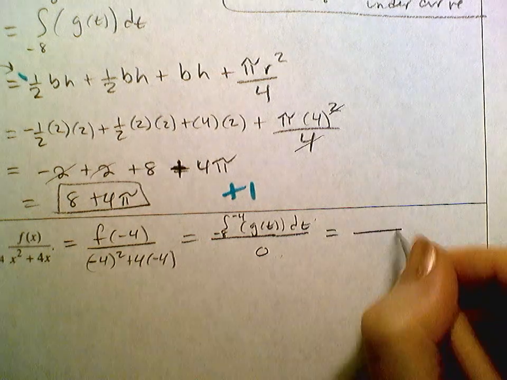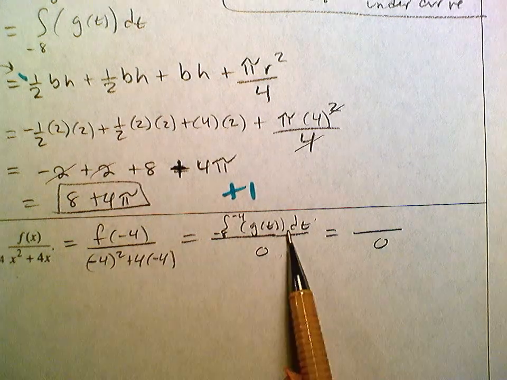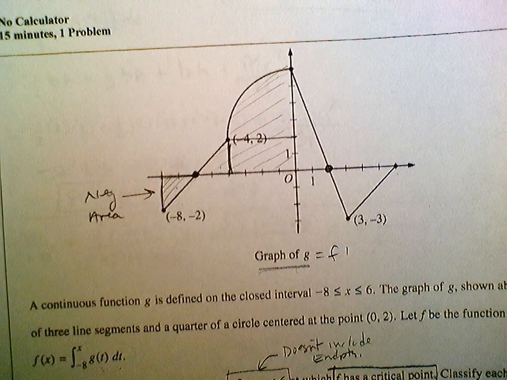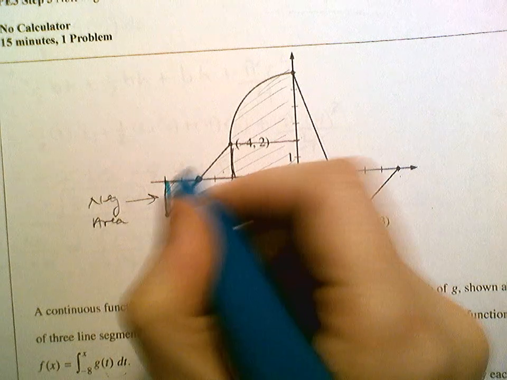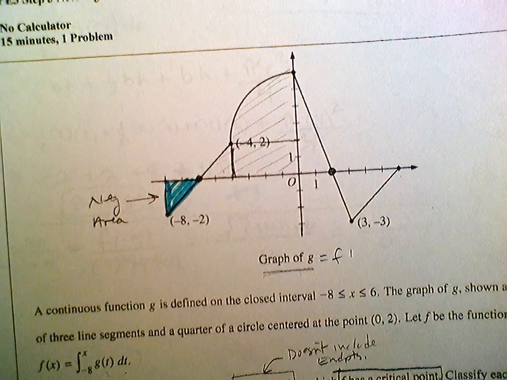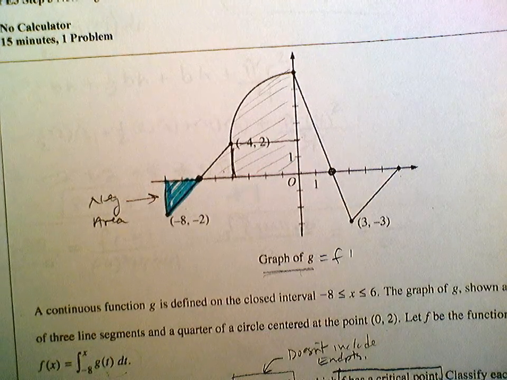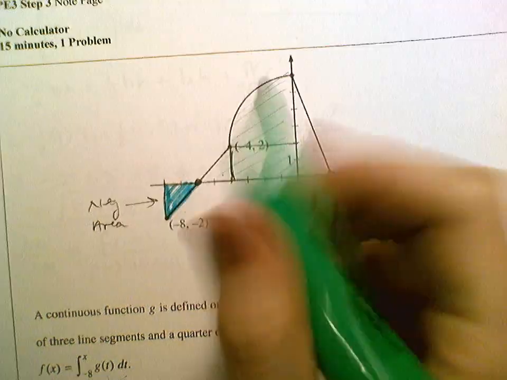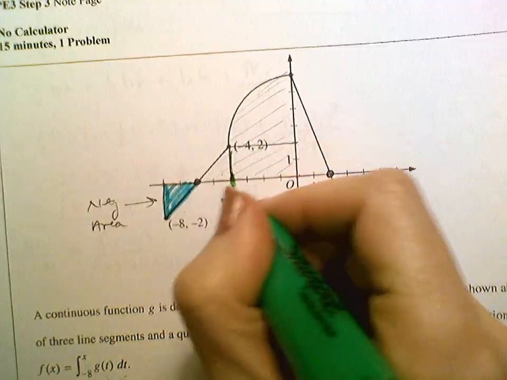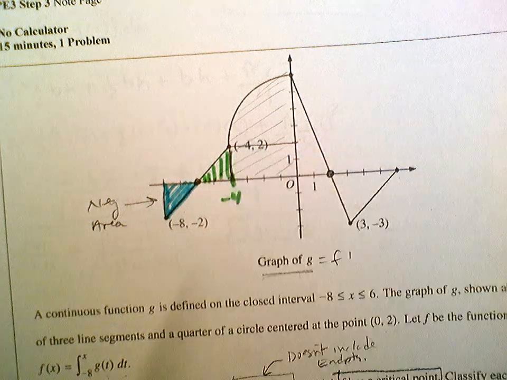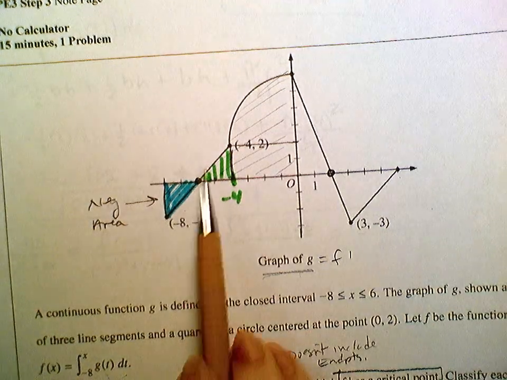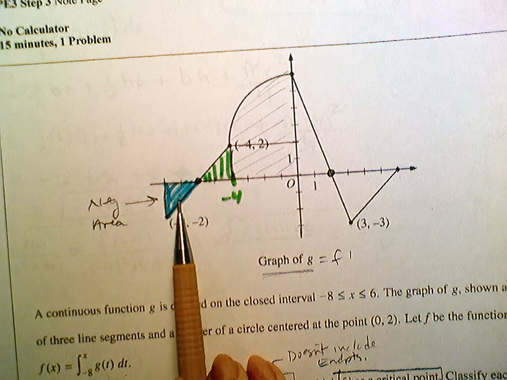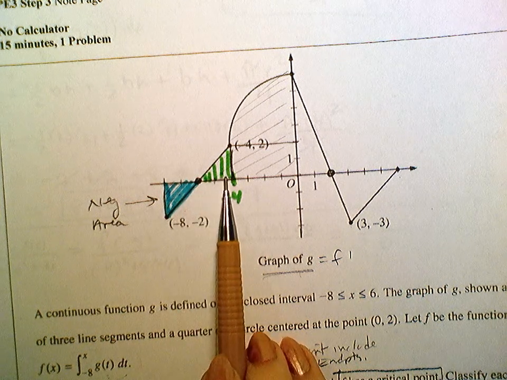Right now we've got to look at the area under the curve from negative 8 to negative 4. We've got these two triangles, this blue triangle, because this here is negative 4, and then this green triangle. They have the same area. We already figured out the area of this is negative 2, and the area of that's positive 2.